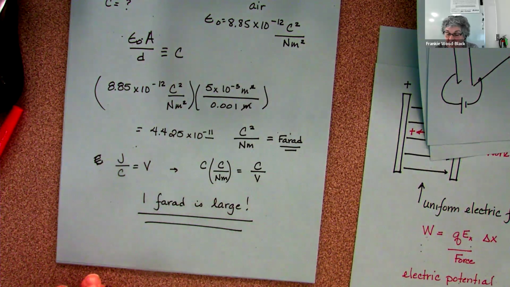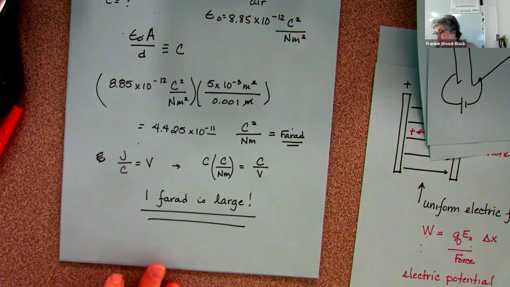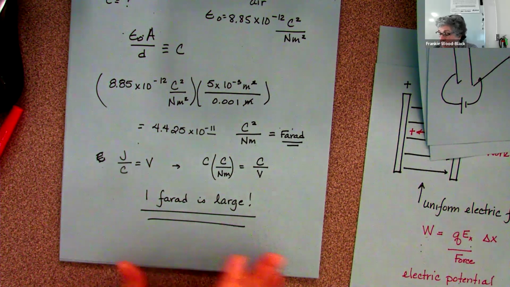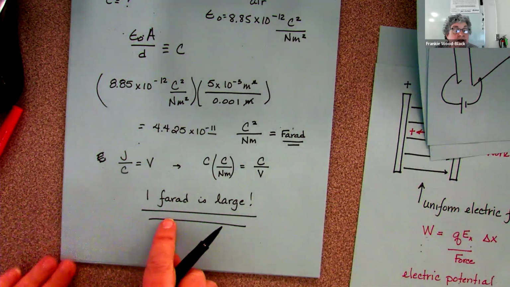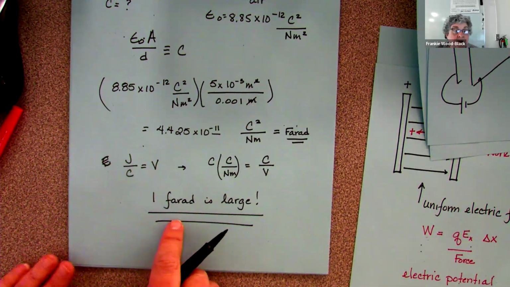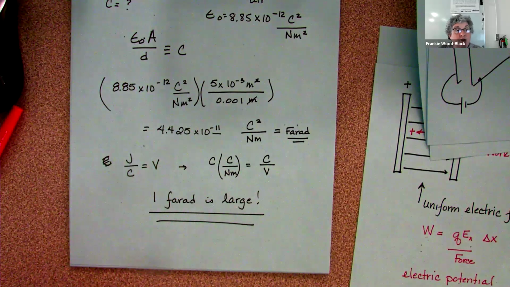So 1 farad is very, very large. You have to worry about that, because that makes a big thing. In fact, if I take a piece of wire across a 1 farad capacitor and discharge it right away, the wire will ultimately disintegrate.